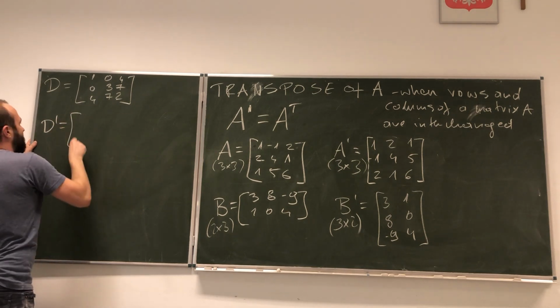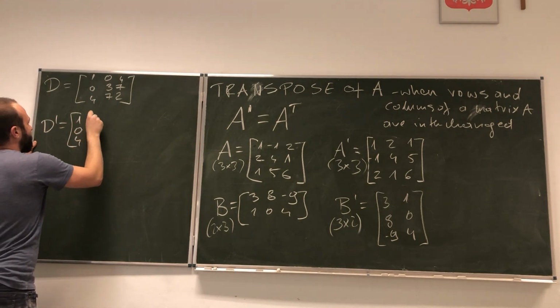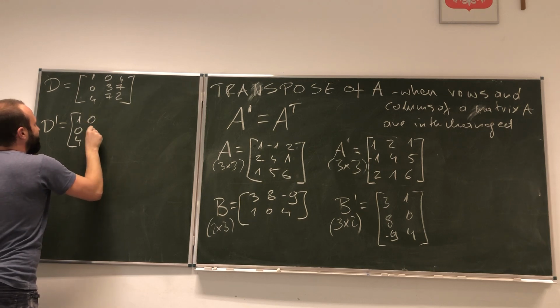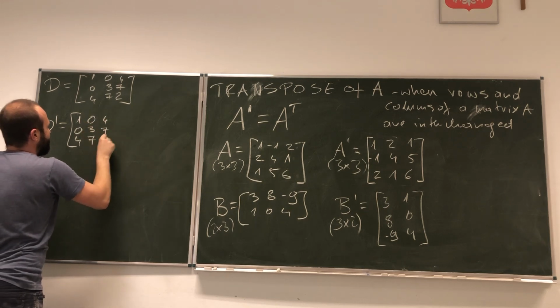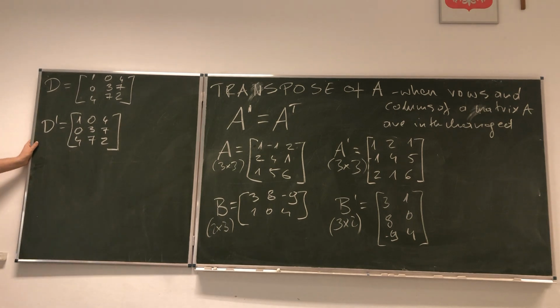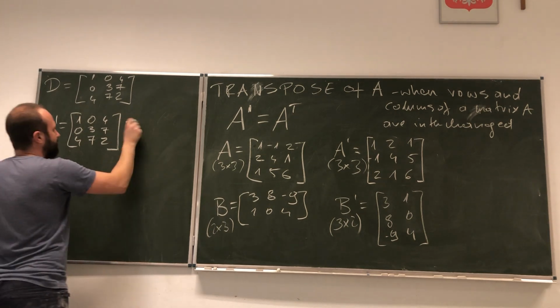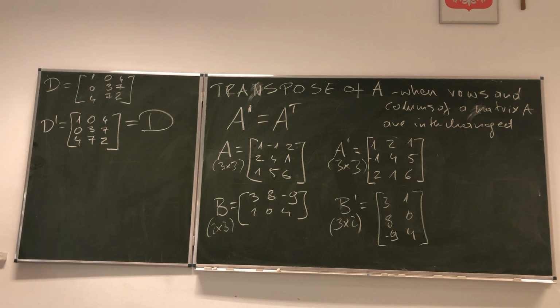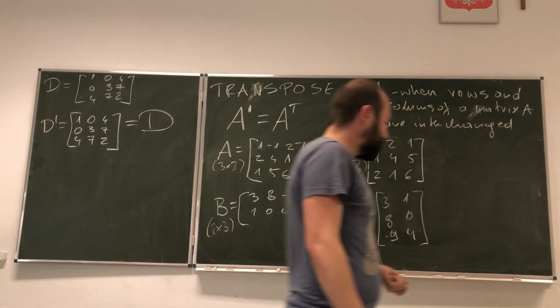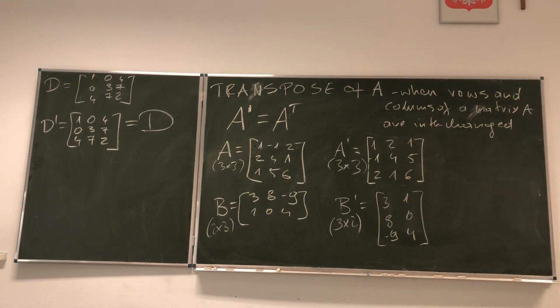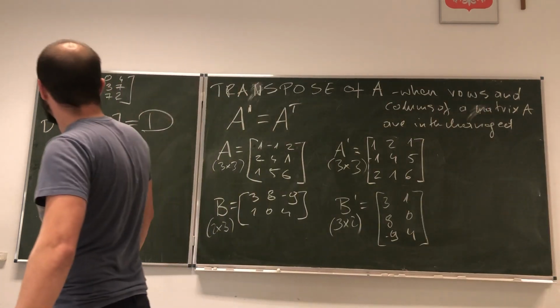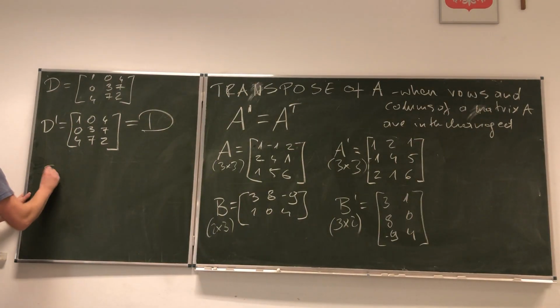What am I getting? 1, 0, 4, 0, 3, 7, 4, 7, 2. But this is simply matrix D. So what is so special about matrix D that when we transpose it, we are obtaining exactly the same matrix? Well, this matrix D is an example of a symmetric matrix.